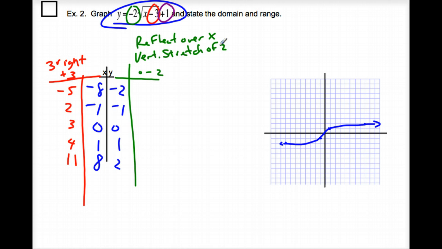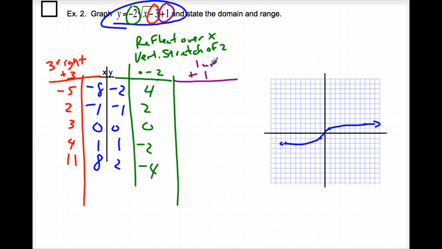You tell me both of those. One of them just switched the sign, the other one's multiplied by 2, so we'll do both at the same time. Negative 2 times negative 2 is 4, 2, 0, negative 2, negative 4. And then finally, the plus 1, that tells us that we're going to go 1 up. So we go 4 plus 1 is 5, 3, 1, negative 1, negative 3.